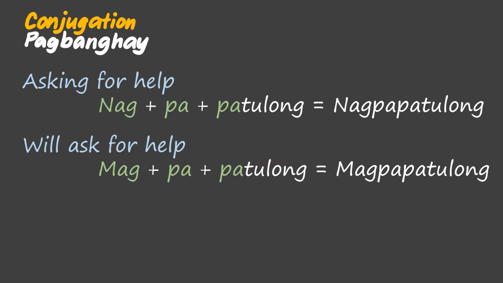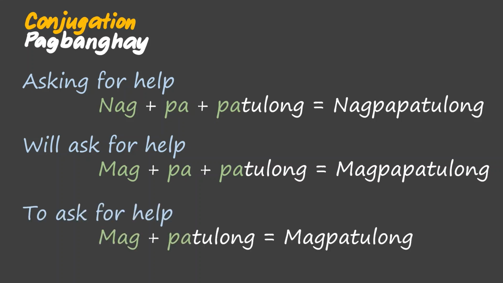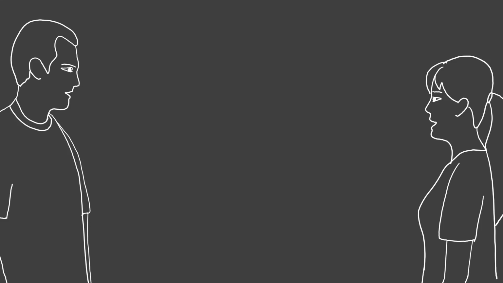We use mag as a prefix plus pa plus patulong, magpapatulong. And for the imperative form, to ask for help, we simply use mag as a prefix plus patulong, magpatulong. So we have used an example of asking for help.